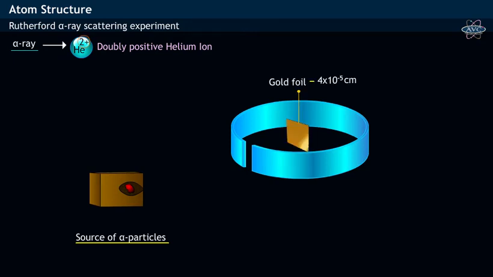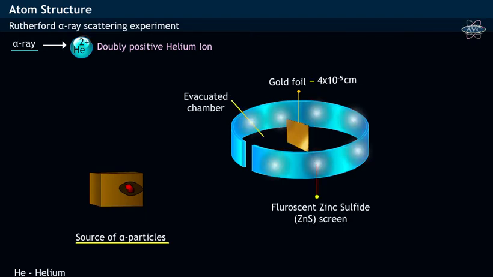A thin gold foil of thickness 4 × 10⁻⁵ centimeters is placed in the center of a vacuated chamber, which is surrounded by a fluorescent screen made of zinc sulfide.